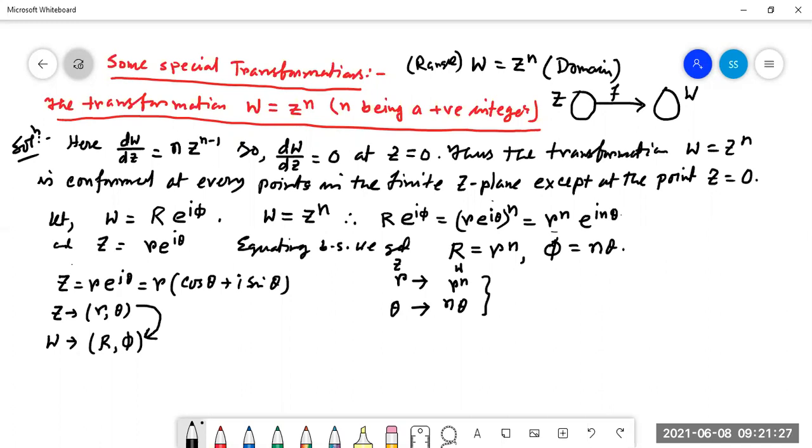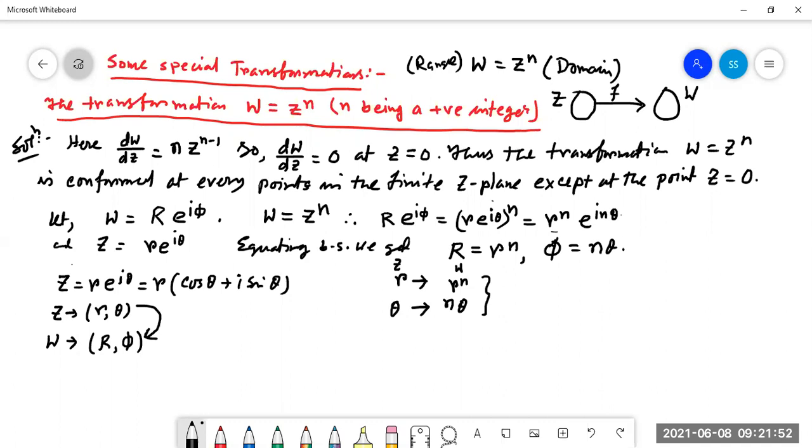So in the z plane, small r was small r. After changing, it becomes capital R, that is the value r to the power n. In the z plane, the angle was theta. In the W plane, the angle is phi, and the value of phi is n theta. So can we say that R equals r to the power n, and phi equals n theta?